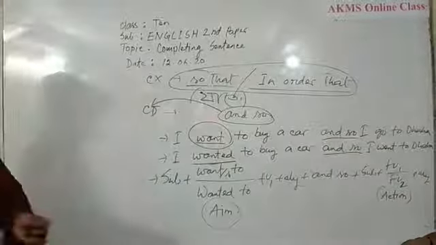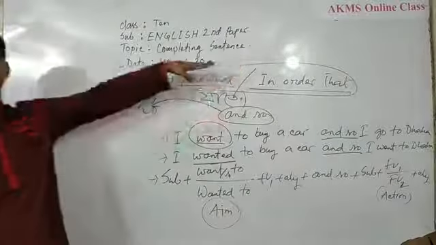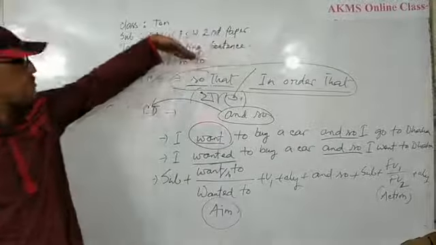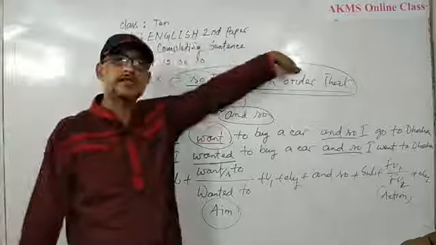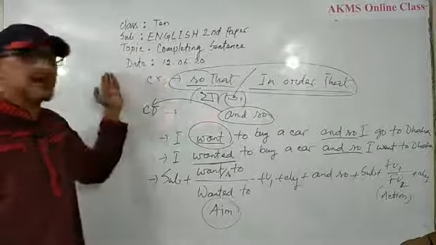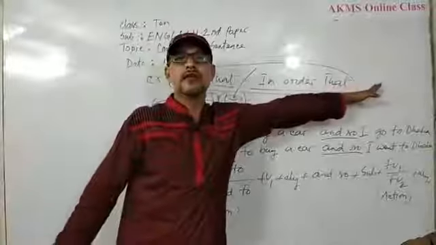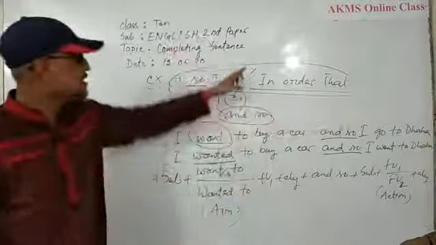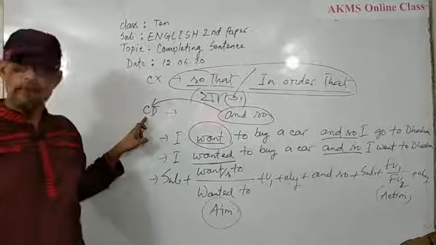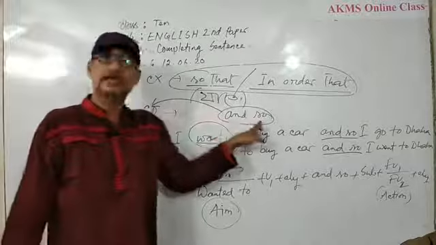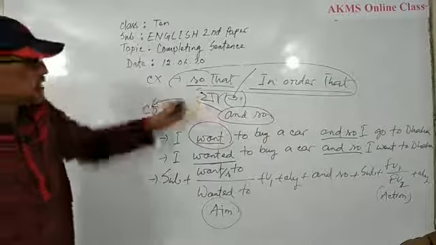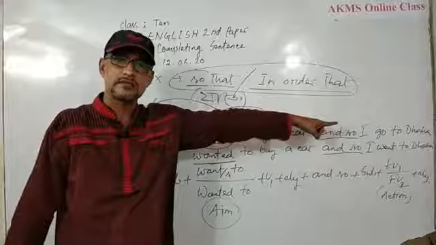Okay, dears? Now, you can clearly identify that if the sentence is combined with so that or in order that, it will be a complex sentence and the action will be given first, the aim will be given in the second part. Whenever you are asked to transform it into compound sentence, you will use and so, then the aim will be in the first part, the action will be in the second part.